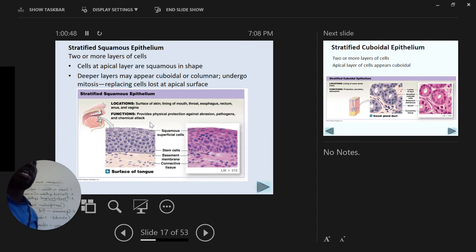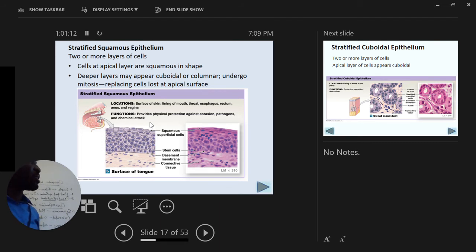So the cell that is on the surface is what determines the name. When we say stratified squamous, it doesn't mean that it may not have some columnar or cuboidal cells at the base. Make sense? If it has many layers, it is stratified.